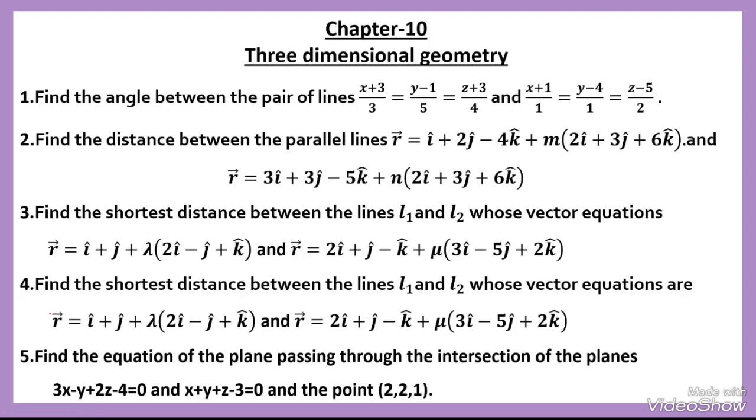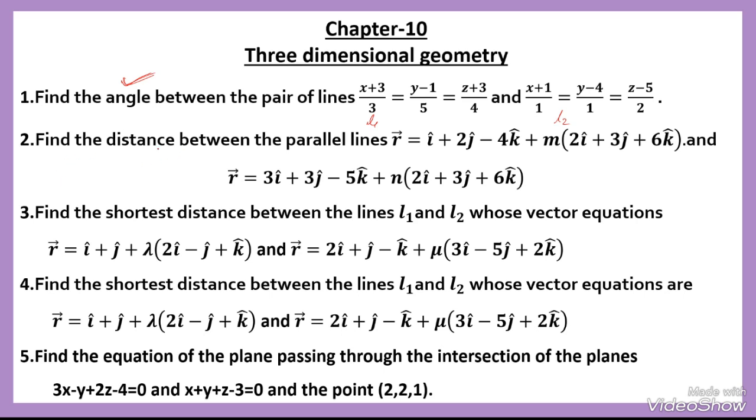Then the eighth question is from chapter number 10, 3D geometry or three-dimensional geometry. While given the two lines L1 and L2, the points of the axis are already given. Based on these equations, we have to find the angle.